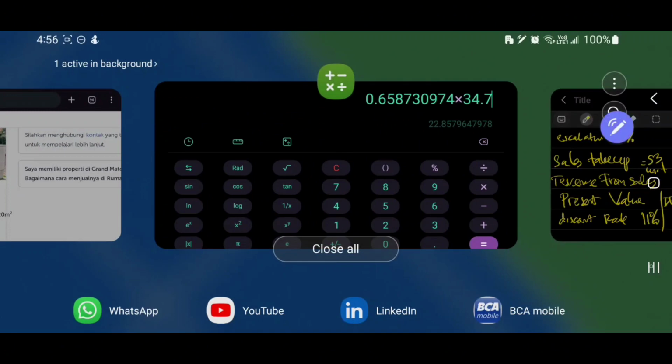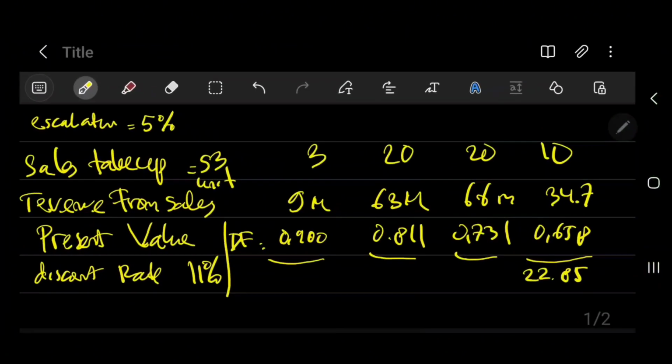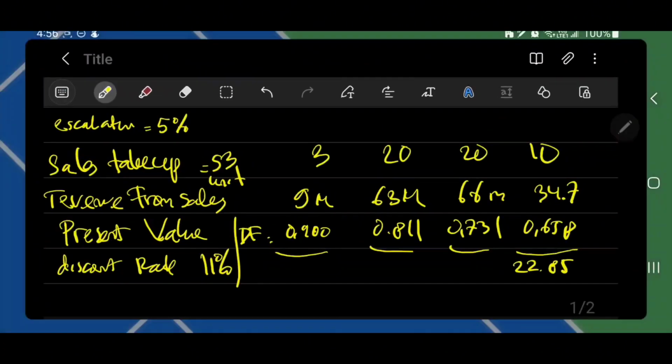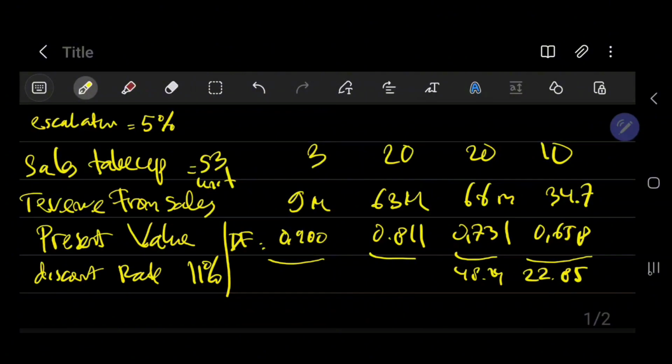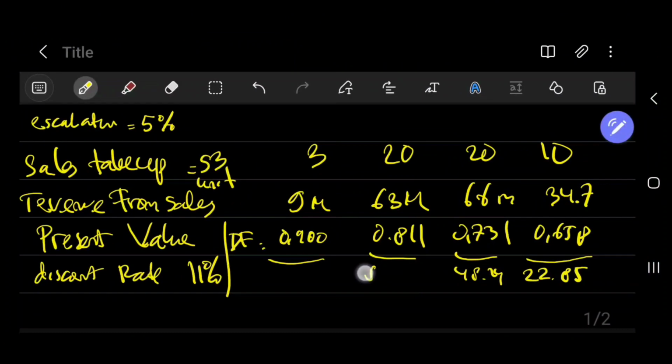Okay. And for the year 3, this is the discount factor multiplied by the revenue, 4.8 billion. Goes the same for the second year. Okay, 51 billion.